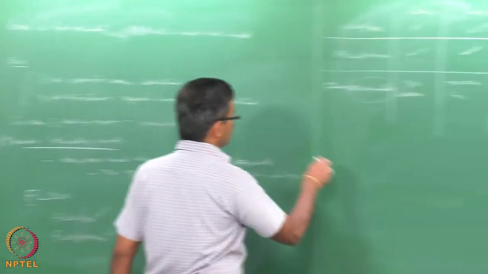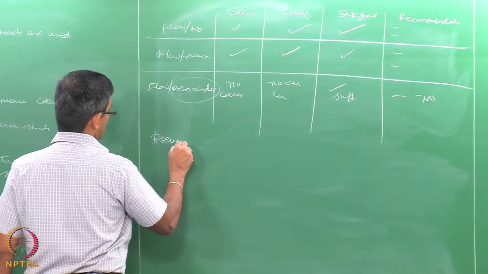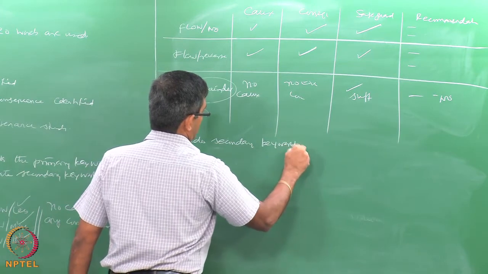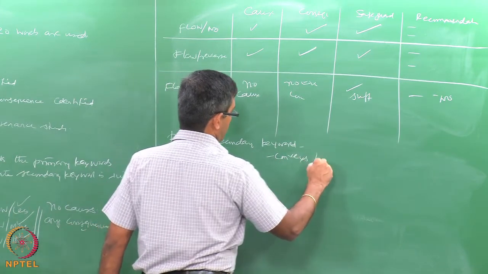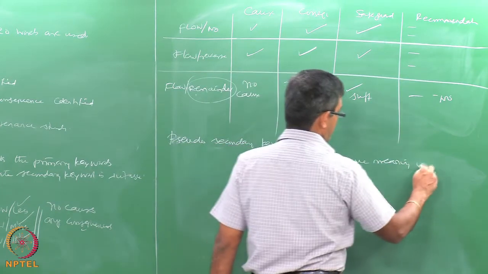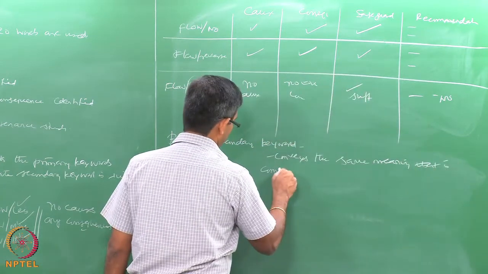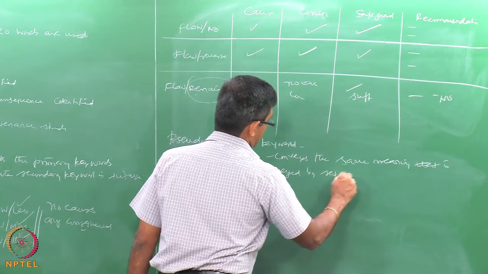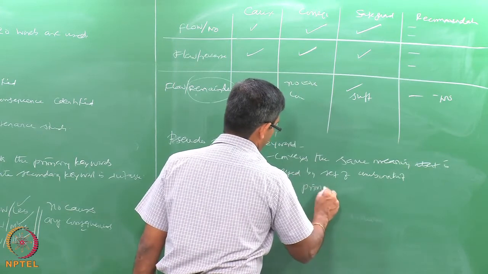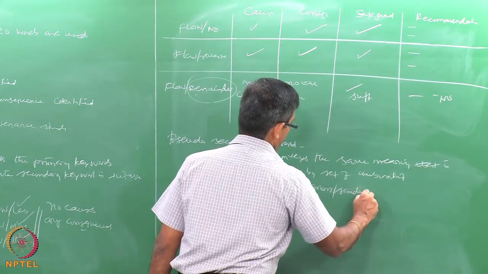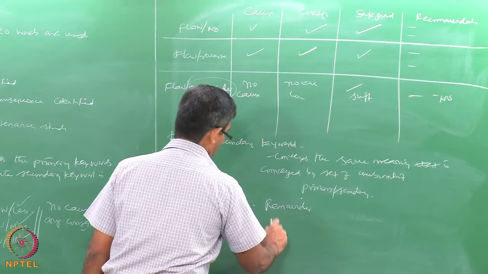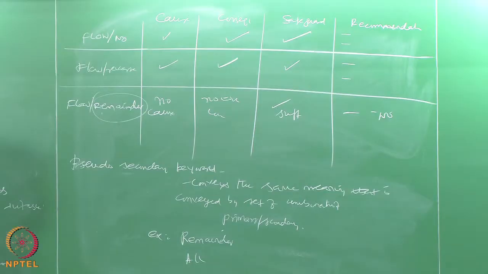The pseudo secondary keyword conveys the same meaning that is conveyed by a set of combinations of primary and secondary. Example, remainder, all are examples of secondary keywords.